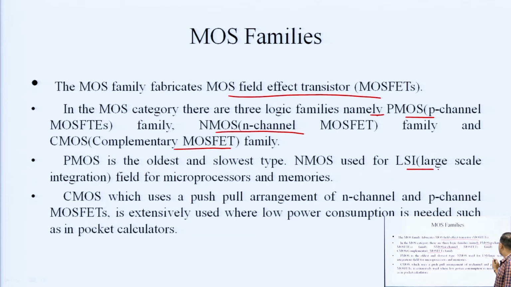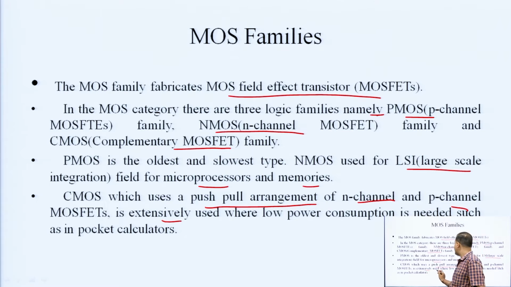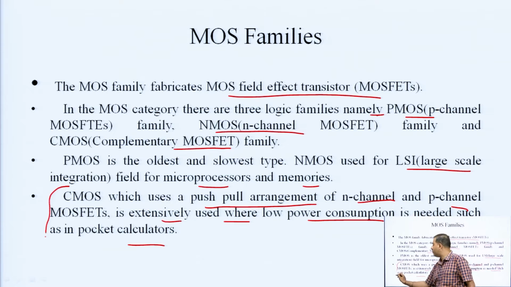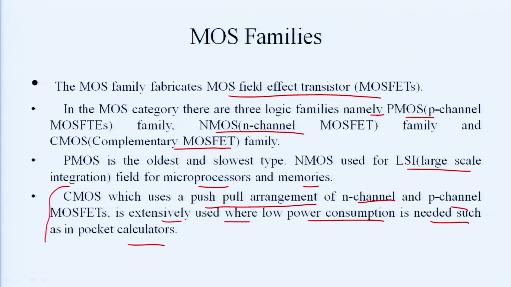NMOS is used for large scale integration in microprocessors and memories. CMOS, which uses a push pull arrangement of N channel and P channel MOSFETs, is extensively used where low power consumption is needed, such as in pocket calculators. This is very important where we need low power consumption.